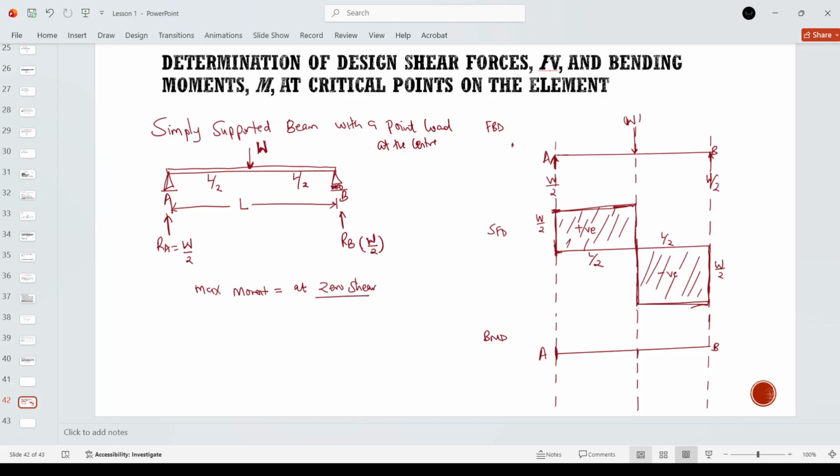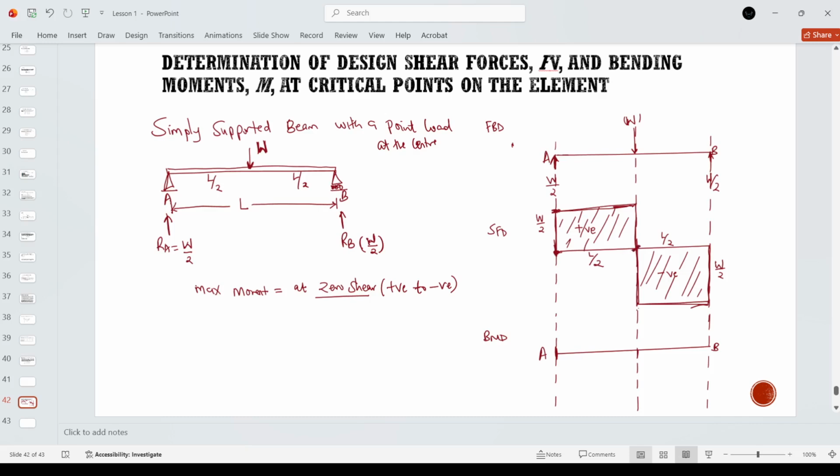Not really any place where we have zero shear, but specifically where we are changing from positive to negative. You realize at some point you might have the starting points and the ending points having zero, but we are talking specifically of where we are changing from positive to negative, meaning this point.